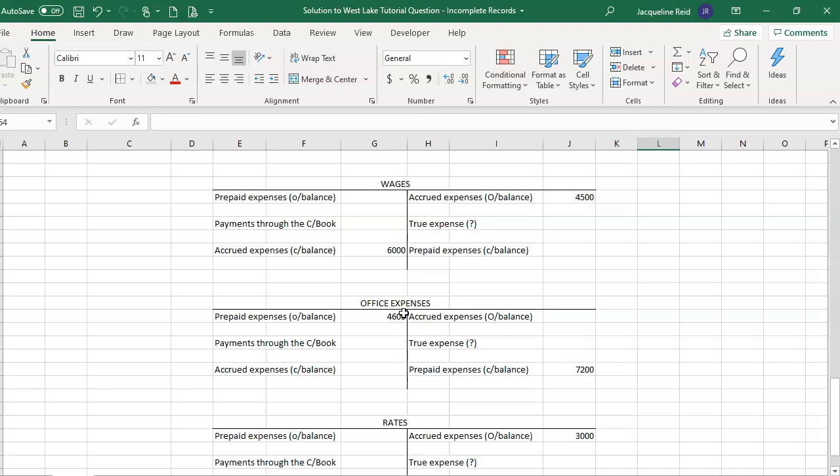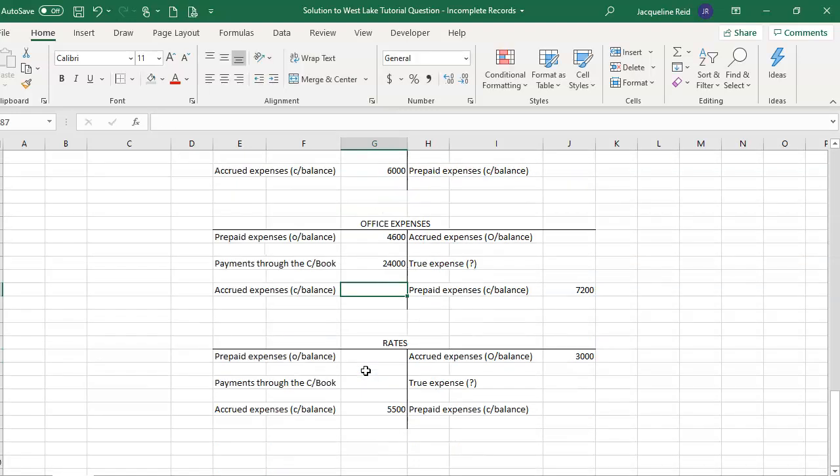For wages, they paid out $30,000 worth of wages. For office expenses, they paid out $24,000 worth of office expenses. And for the rates, they paid out $17,600.